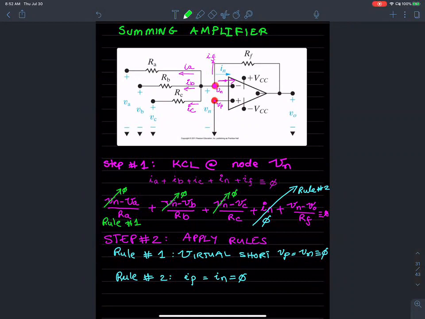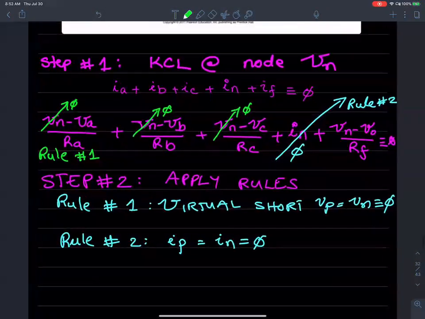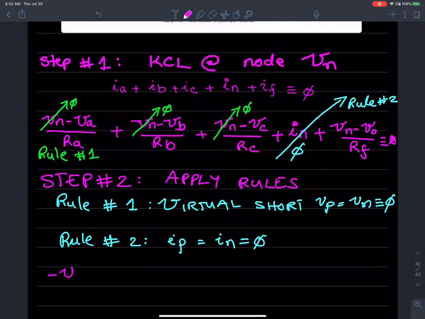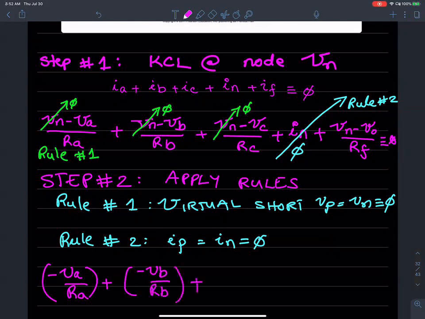So if I rearrange this equation from the top, it's going to be written as negative Va over Ra plus negative Vb over Rb plus negative Vc over Rc.